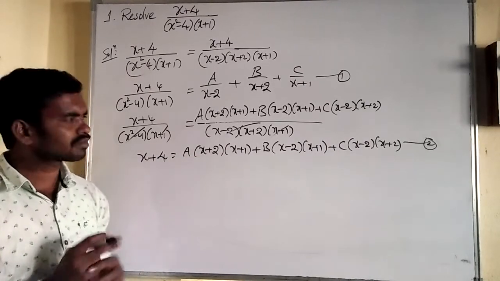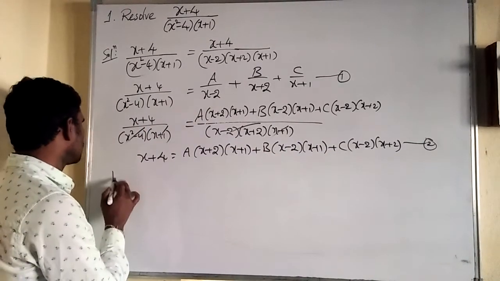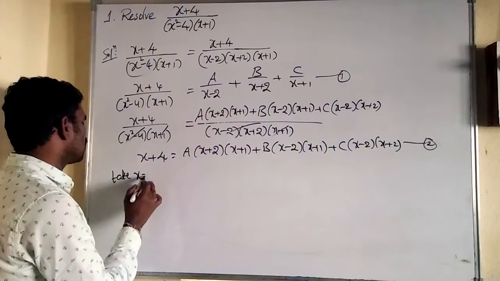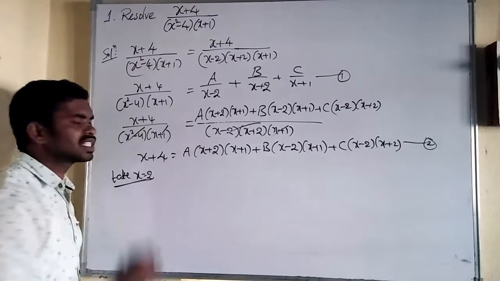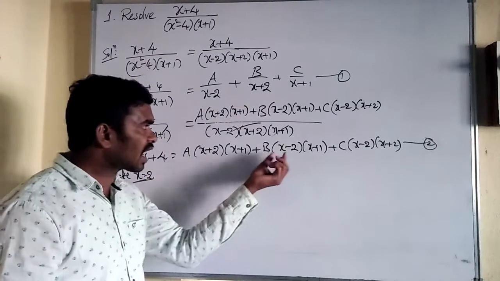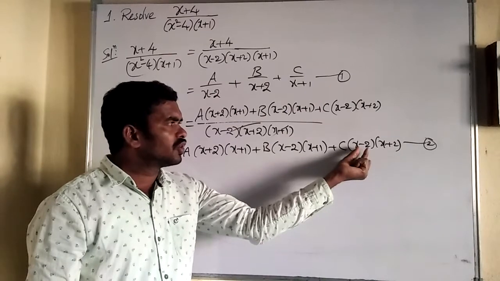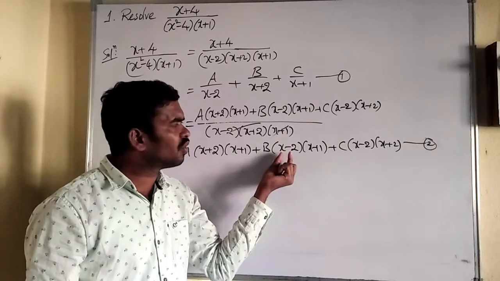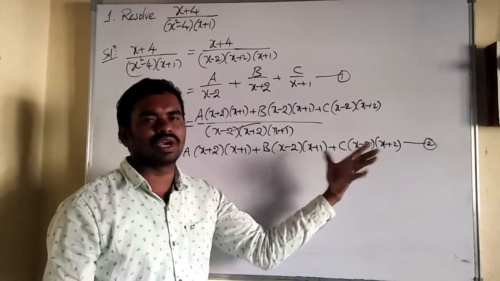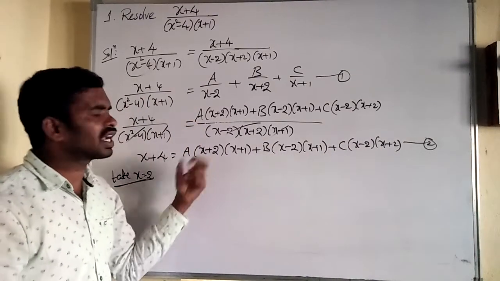Don't understand? Very simple. First take x equal to 2. Why are we taking x equal to 2? Because if we take the x value 2, here I observed x − 2, x − 2. To make this value 0, we have to take x equal to 2 only. So if we take x equal to 2, these two will vanish. Remaining we get A value.